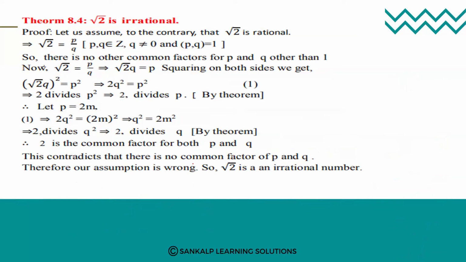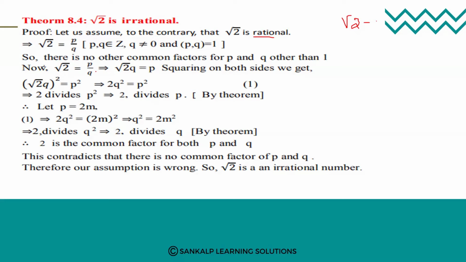Tell me the steps. Root 2 is an irrational number. First step is what? Let us assume the contrary. Contrary means what? Root 2 is rational. We know root 2 is an irrational number, but for proving this, we can assume that this is rational.